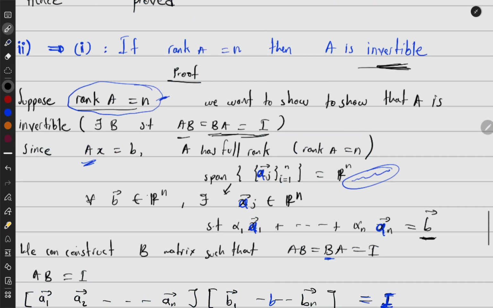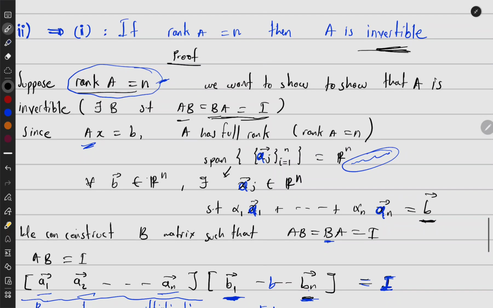So our argument is, as far as this proof is concerned, you suppose the rank is n. If the rank is equal to n, then it implies that this matrix A has full rank, and therefore it can span its columns.